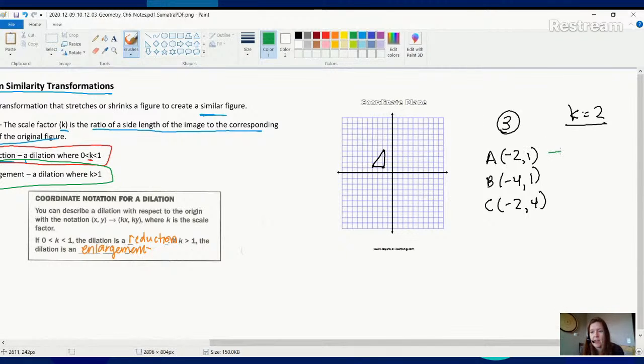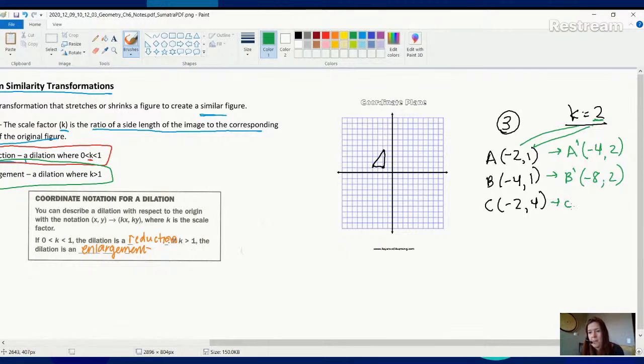So if I want to find the new coordinates, my A prime is going to be 2 times each of these, kind of like the distributive property, right? So 2 times -2 is -4, and 2 times 1 is 2. B is 2 times -4, which is -8, and 2 times 1, which is 2.